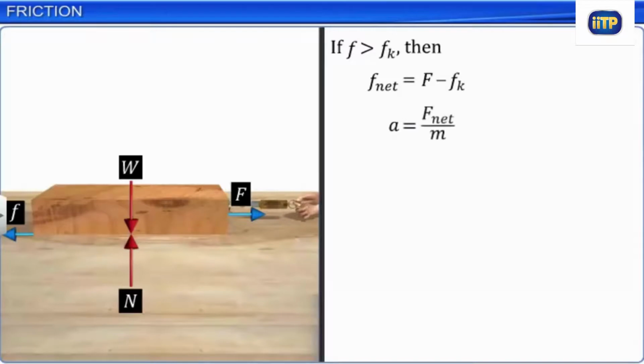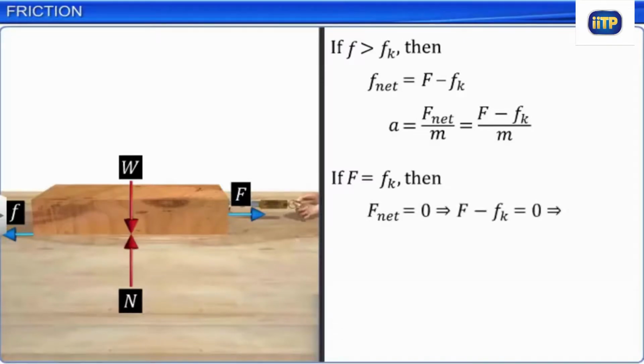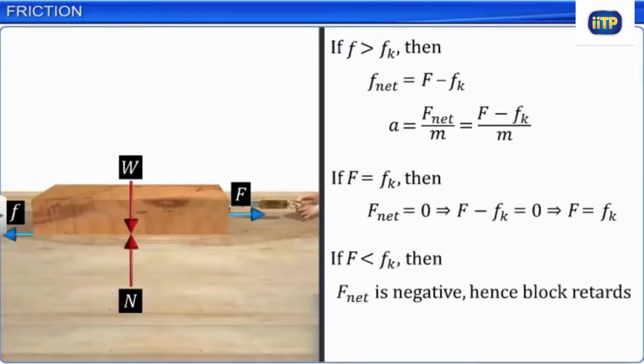If F is equal to Fk, then the net force is 0, and hence the block moves with uniform velocity. If F is less than Fk, then the net force is negative, and it leads to retardation of the block.